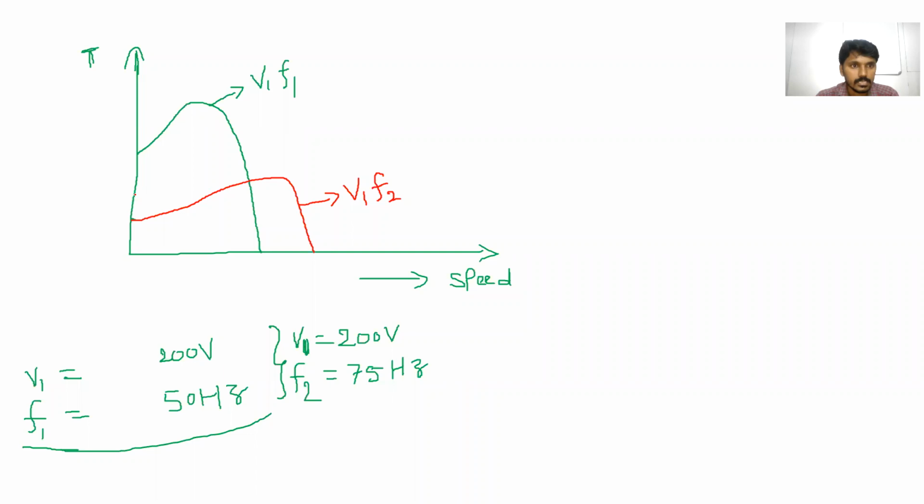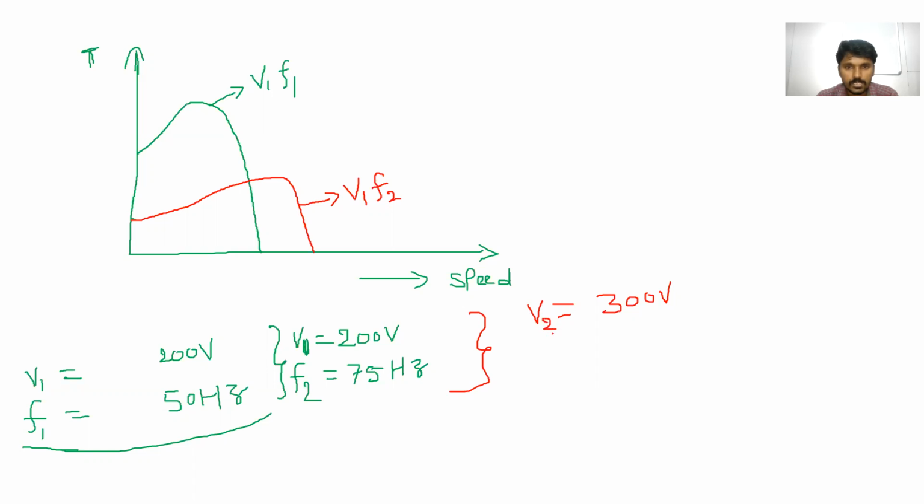Clear? Next. Now in the third case, what I am doing here, now V1 is changing. The voltage increases from 200 volts to, for example, 300 volts. So this voltage changes from V1 to V2.